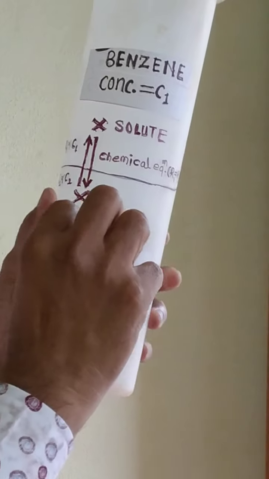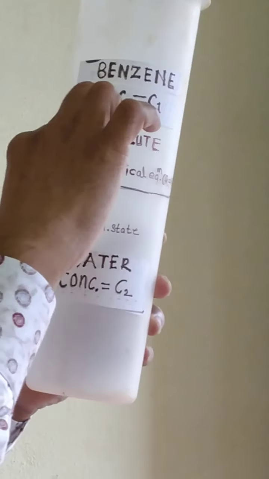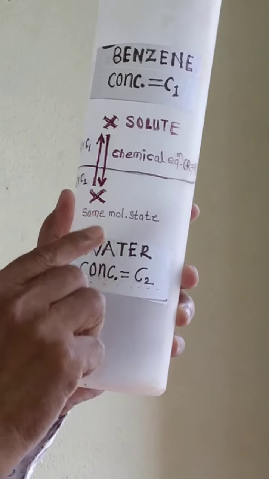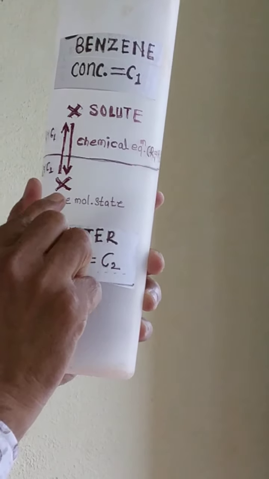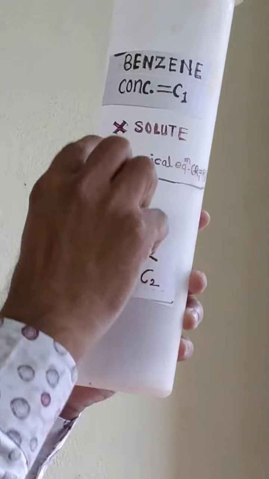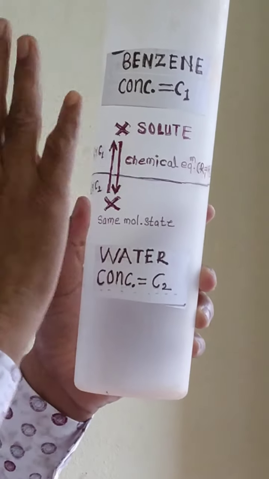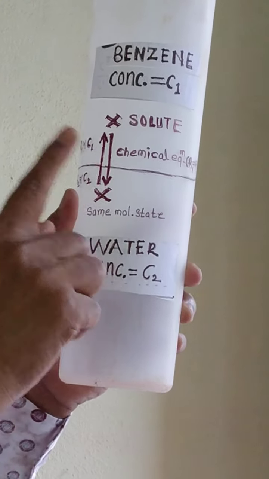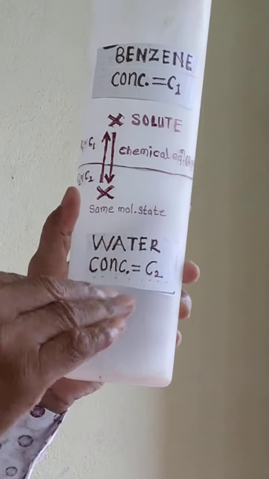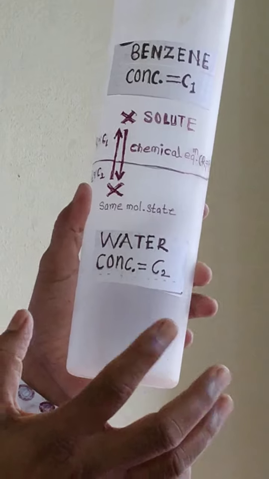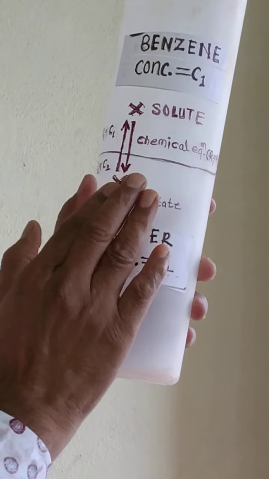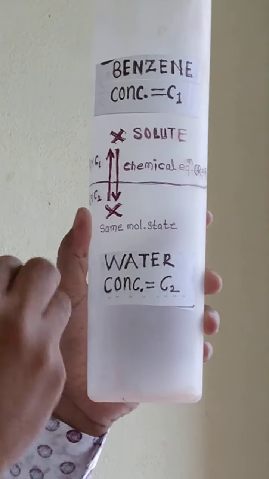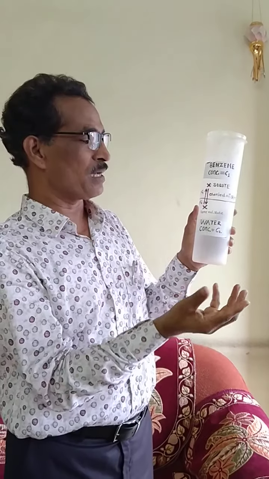Now at that time, when the solute is distributed between the solvents, the solute exists in the same molecular state in both the solvents. Suppose consider here the state is X. Here is also X, the same molecular state. But in some cases, in one of the solvents, association or dissociation of the solute takes place.